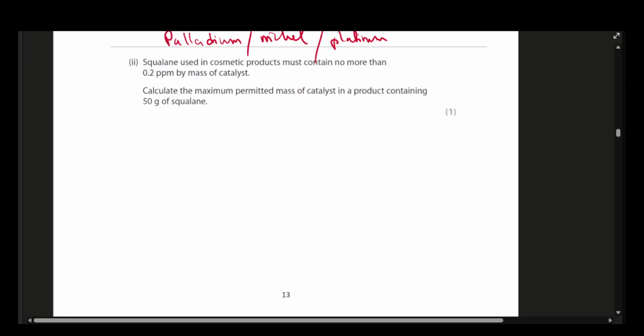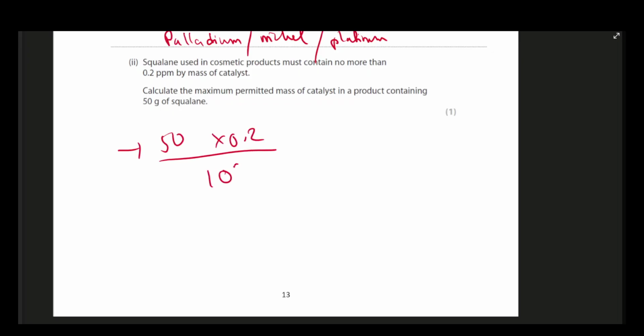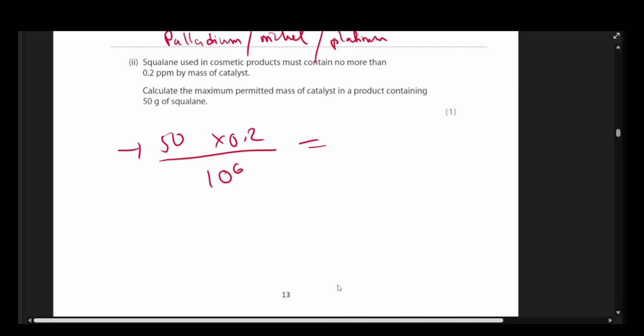To convert this into grams, you just do 50 times 0.2, and since you want to convert it in grams, you divide it by 10 to the power 6. Eventually what you get is about 0.00001 grams. So that is the maximum permitted mass of catalyst that 50 gram of squalene might contain.